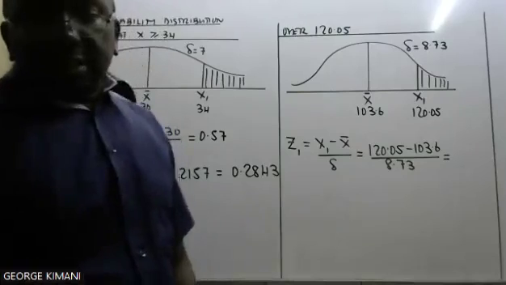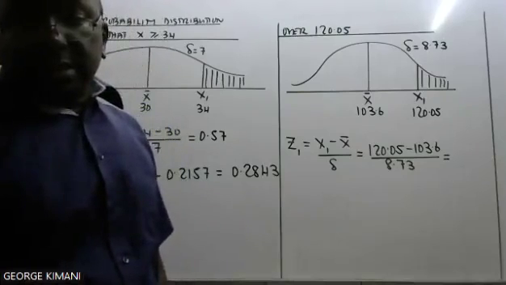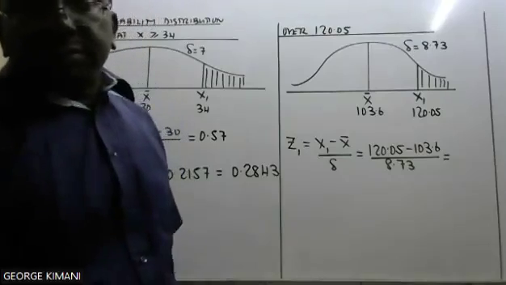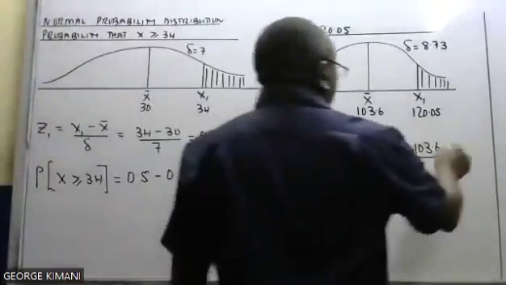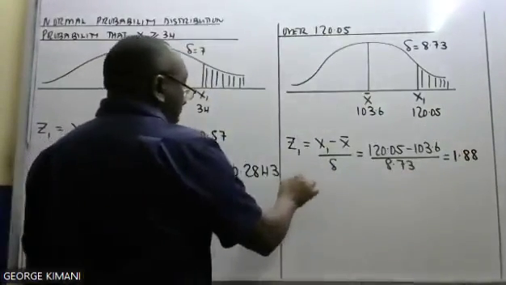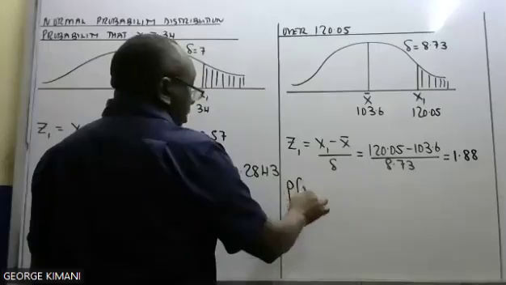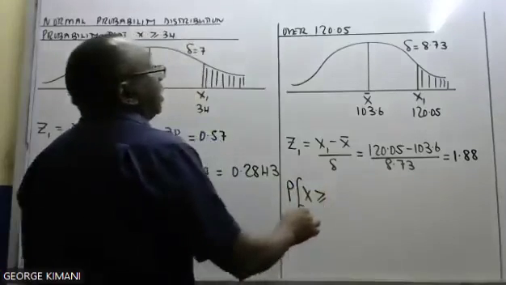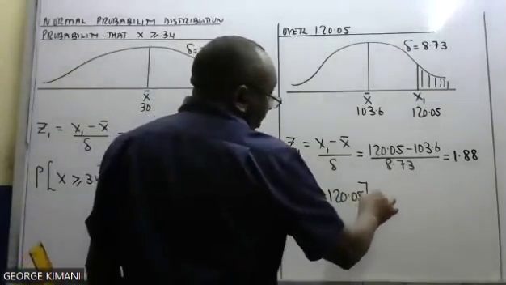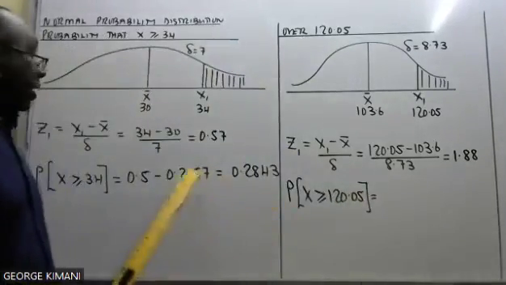1.88. So the probability that x is greater than 120.05 is just like we have argued with this other case.